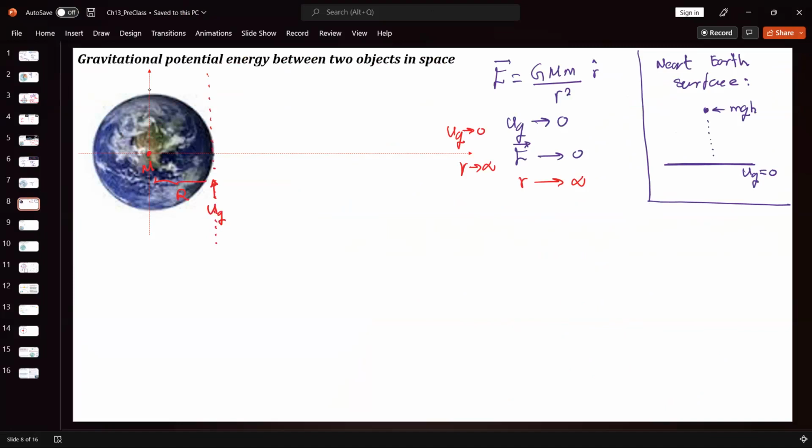Okay, so to do this, let's consider, now we know potential is just the work done due to force, right? So let's start with this point further away, and then move the object a very little bit towards the Earth center, extremely little, so we can calculate the work done due to that particular motion.